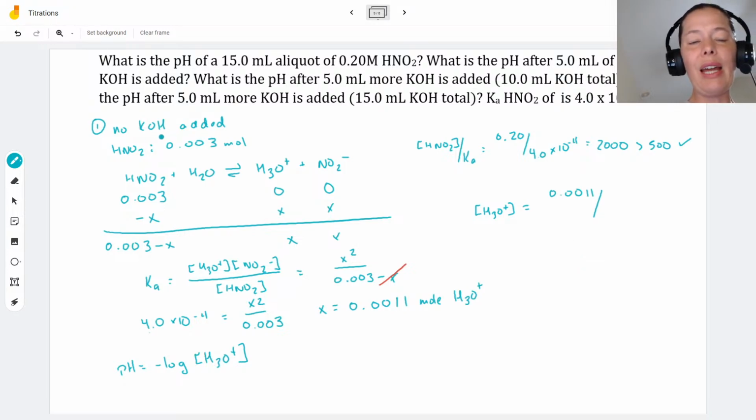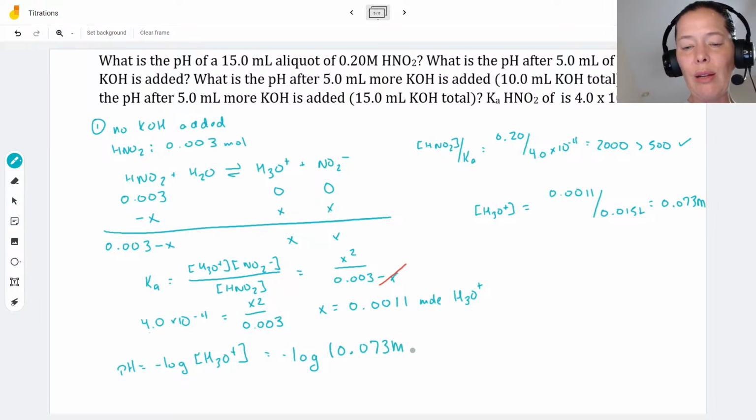And again, we haven't added any potassium hydroxide, so we're just dealing with our 15 milliliter aliquot. And that is a concentration of 0.073 molar. All right, now I can calculate my pH. So now I'm taking the negative log of 0.073 molar, and that gives me a pH of 1.13.